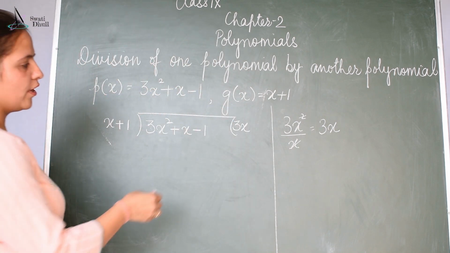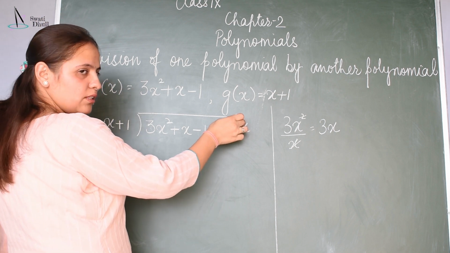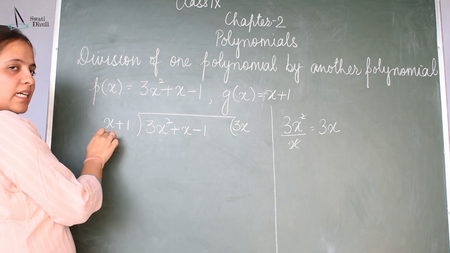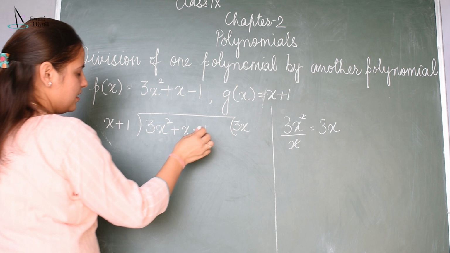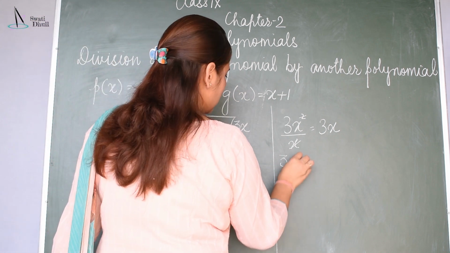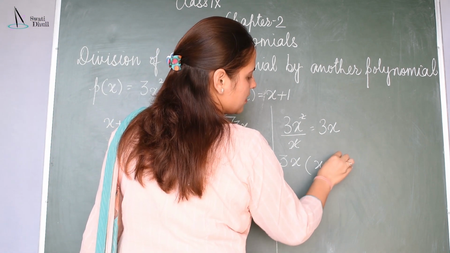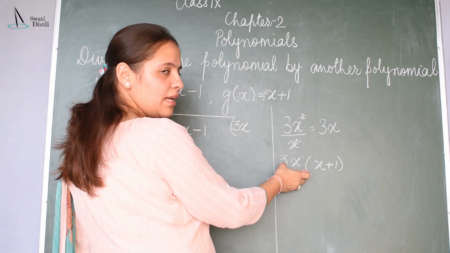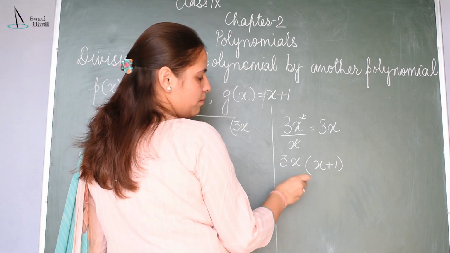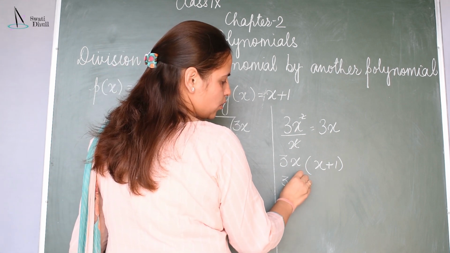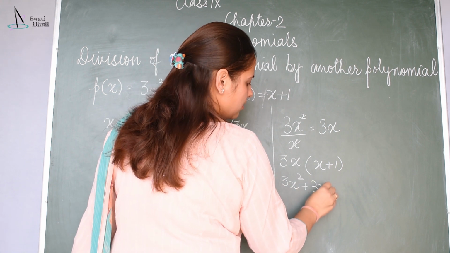Now you have to multiply this 3x with this divisor. So what I will get here is 3x into x plus 1. I have to multiply this term with the whole bracket, so it will become 3x square plus 3x.